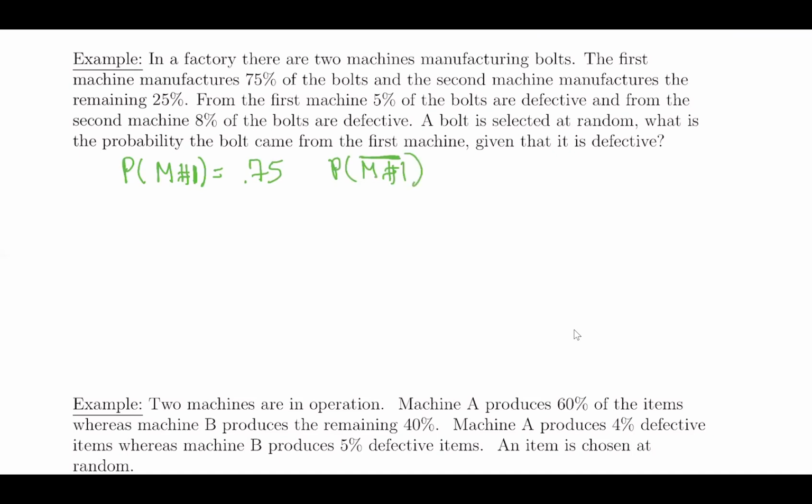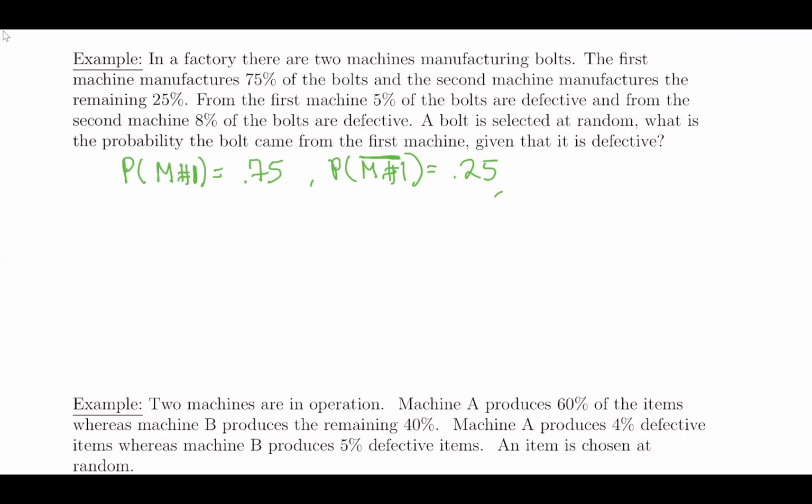Pretty much, what percentage of the boats were manufactured by the second machine? 0.25. Yeah, 0.25. All right, cool. So far, the probability that the boat came from machine number one is 0.75. The probability that the boat came from machine number two is 0.25.